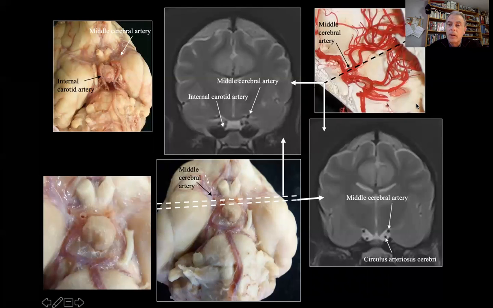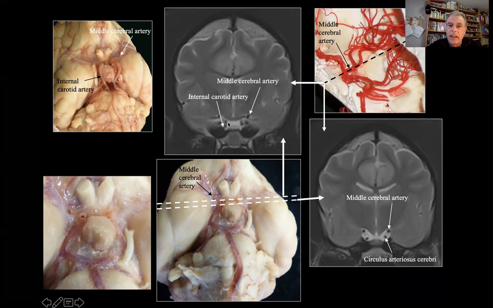So, as we are talking about this middle cerebral artery, we have to identify some of the arteries that are very important, that are going to vascularize the basal nuclei. Again, in this left image, we see the internal carotid artery running ventral to the Circulus Arteriosus cerebri and lateral to the hypophysis, right?